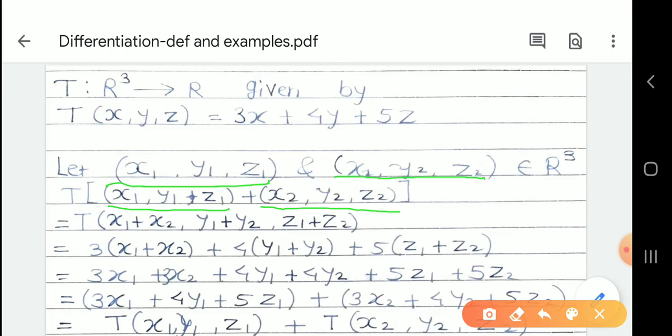Okay, so take coordinate-wise addition of the two elements. That means we get x1 + x2, addition of x coordinate, then y1 + y2, z1 + z2. So T(x1 + x2, y1 + y2, z1 + z2). That means this is in the form of T(x, y, z).